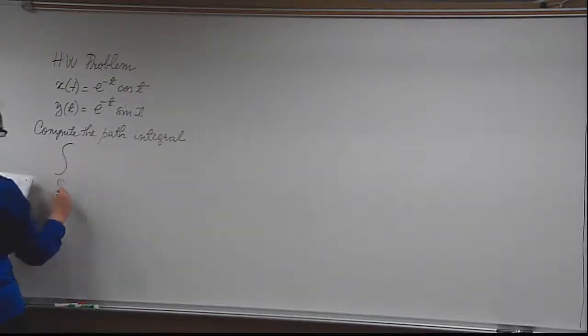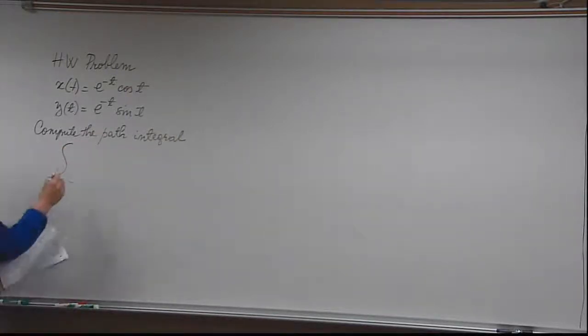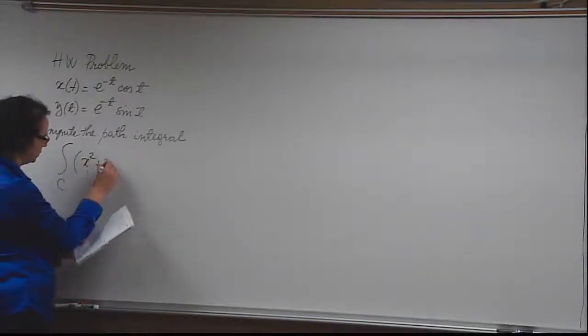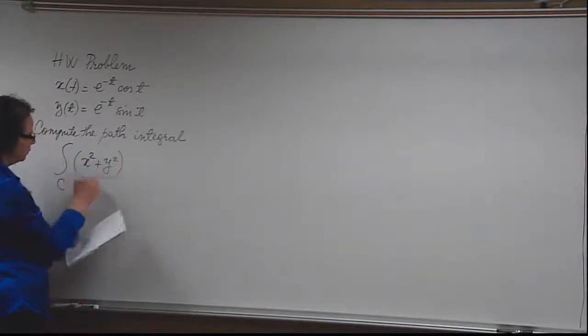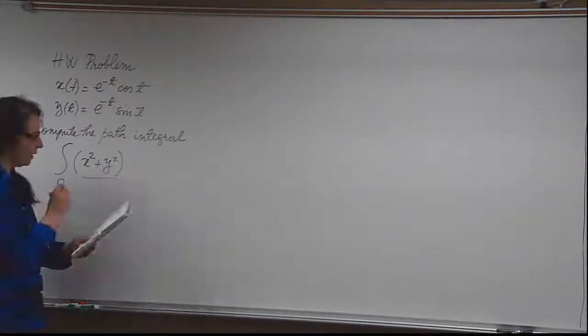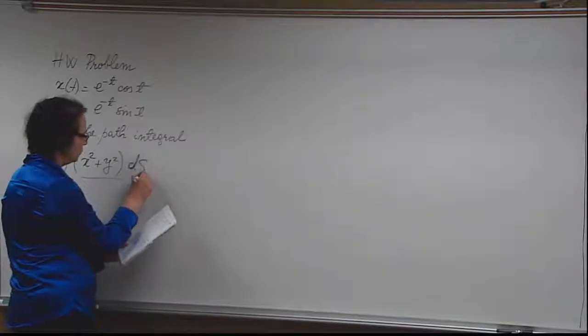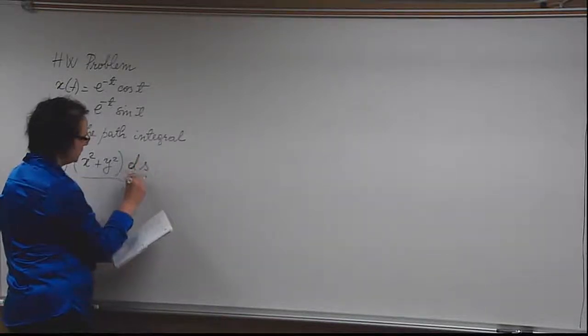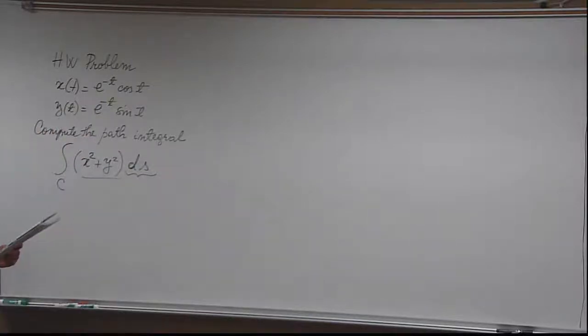Integral over C of the integrand will be a very nice friend of yours, x squared plus y squared. But of course, they are both functions of t in general, and you have the ds element. And what does this mean? s is little s. It means that your arc length element should be expressed in terms of what?